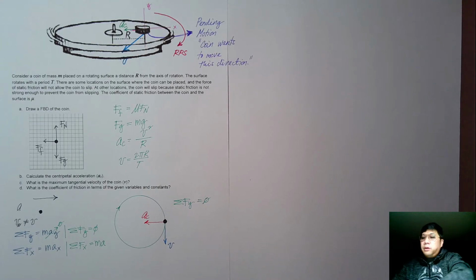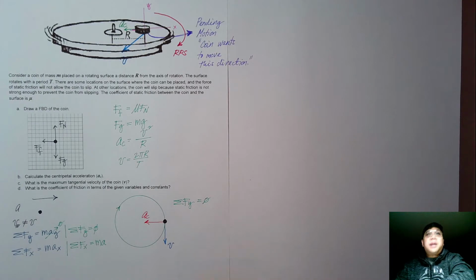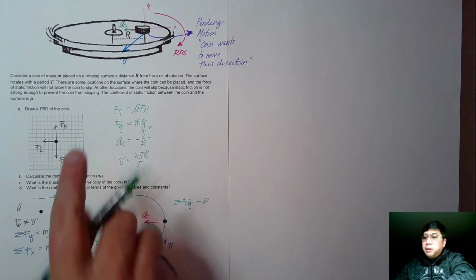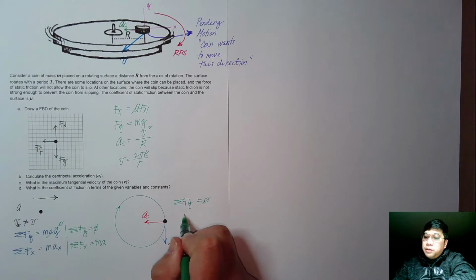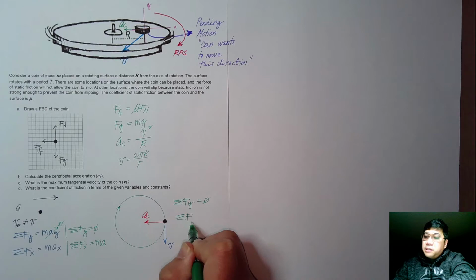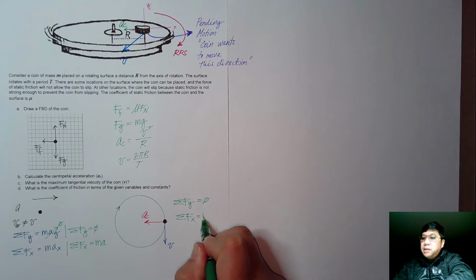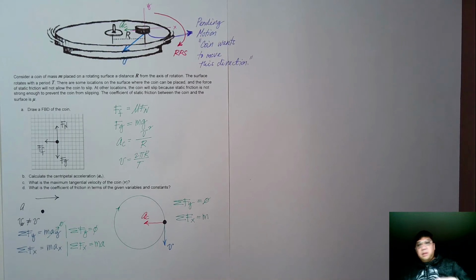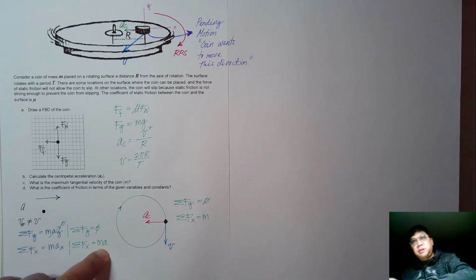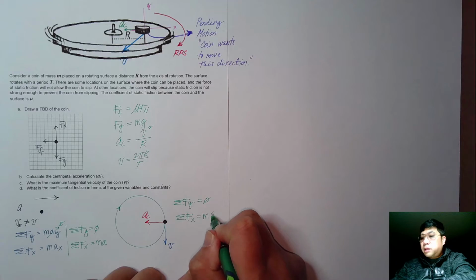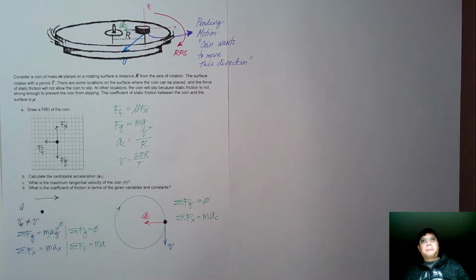Now, in terms of the x-axis, the summation of forces along the x-axis is equivalent to our mass, but this time, instead of using the linear acceleration, we will be using the centripetal acceleration to represent this.